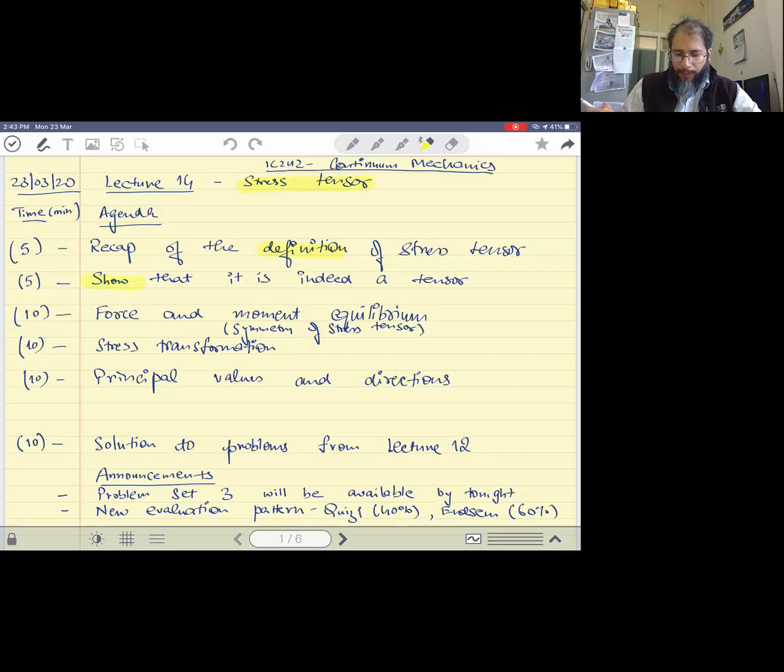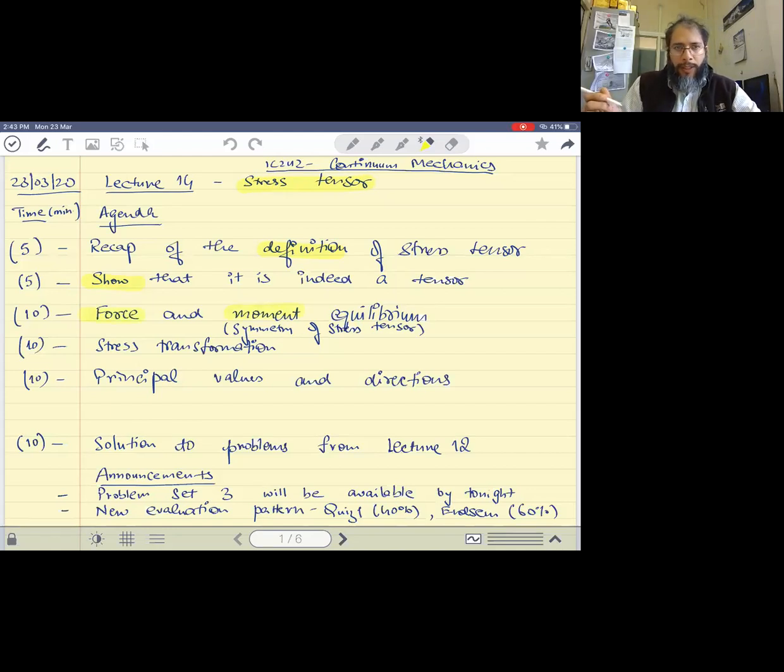Next, we'll work with force and moment equilibrium. We'll take a body, use the idea of the stress tensor, and, given that the body is in equilibrium in terms of force and torque, we'll formulate the equations of motion for that body using our stress tensor. Okay? So force and moment equilibrium.